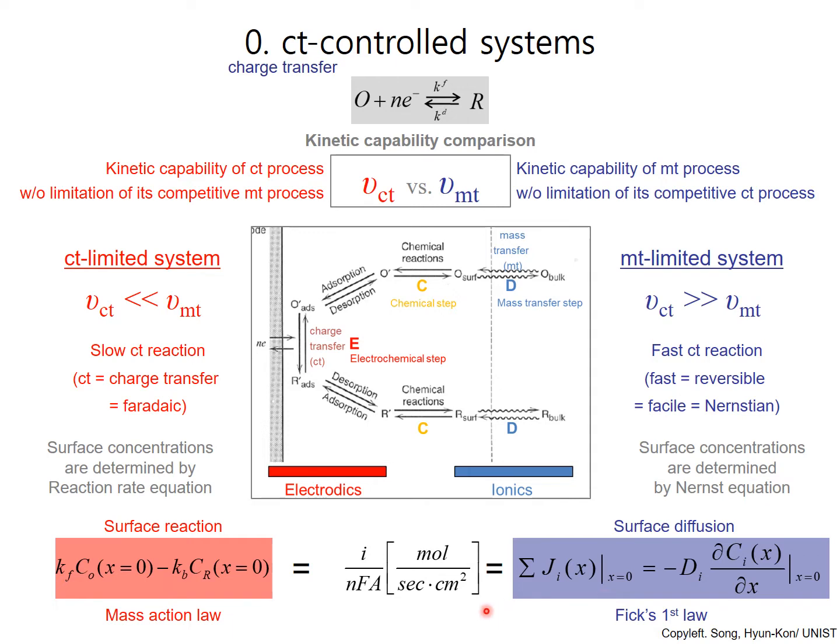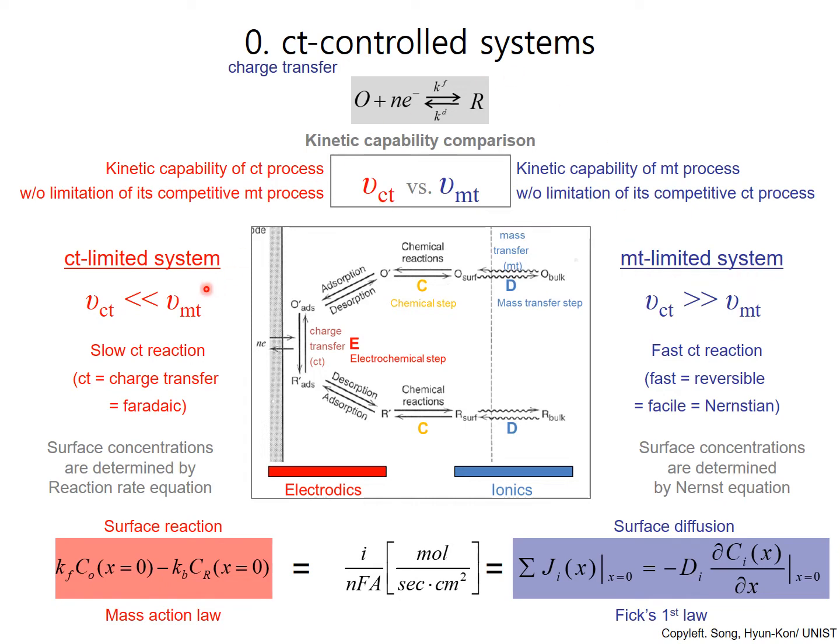So again, current is determined by mole flux. If your diffusion process is dominant over migration or convection, then this surface mole flux or mass transfer is described by the surface diffusion. So again, surface diffusion will determine the current in the mass transfer limited system.